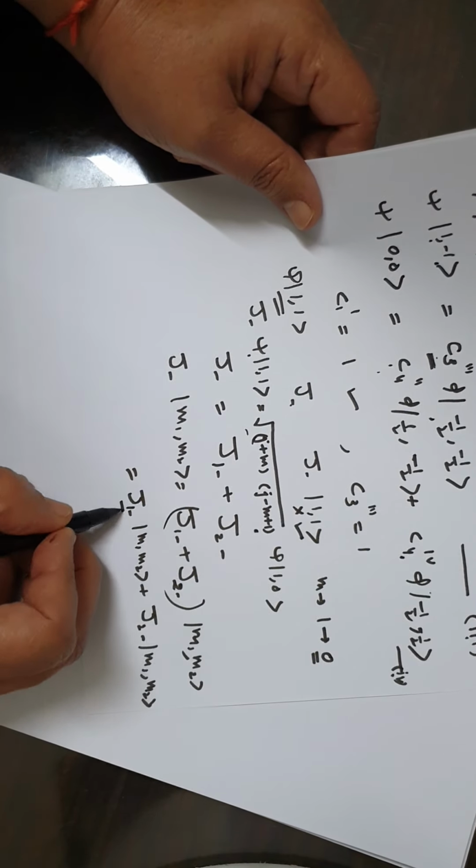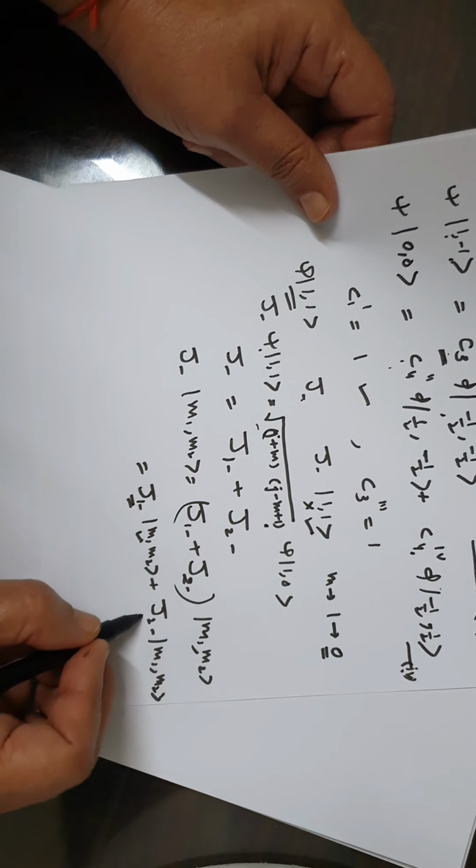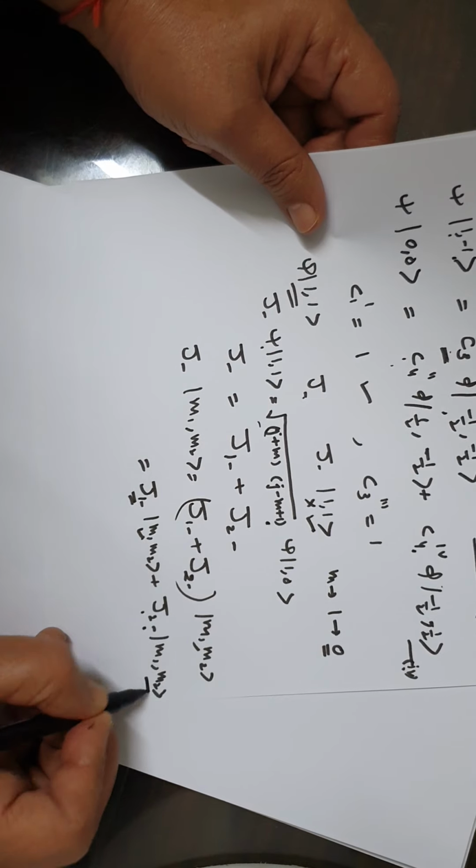Here the j1 minus operator will affect the value of m1 only, and j2 minus will affect the value of m2 only.